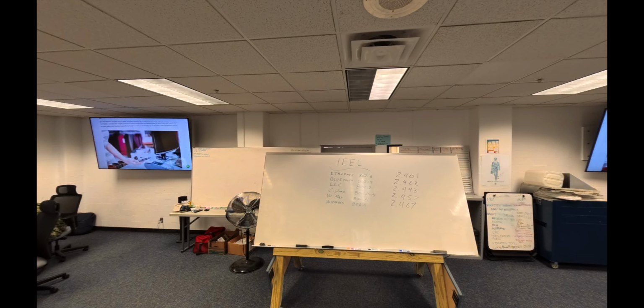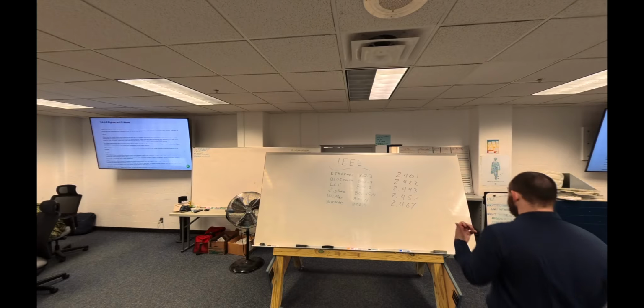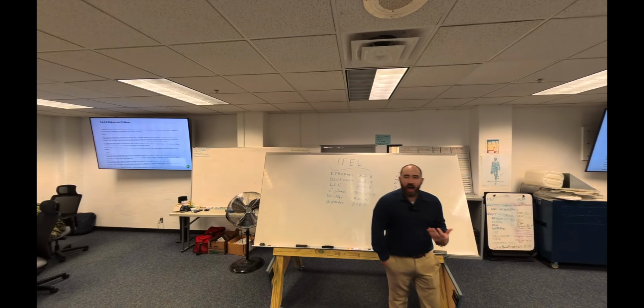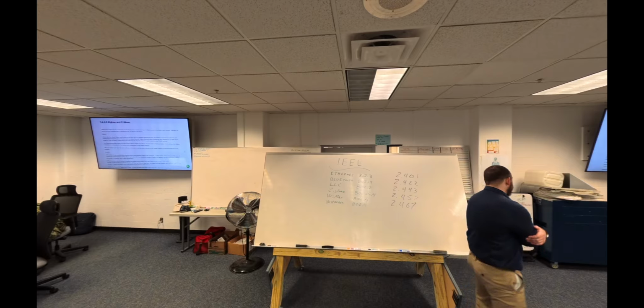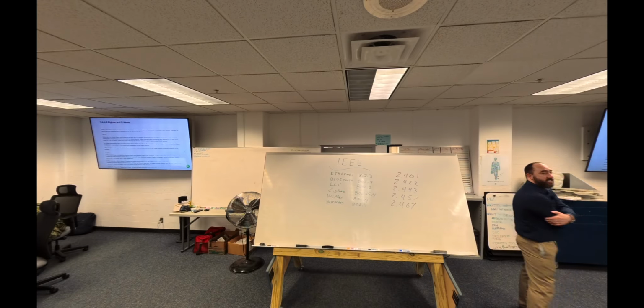Easy day. Next, we have Zigbee and Z-Wave. We've already learned about Zigbee. What's the IEEE standard? 802.15.4. So both of these, Zigbee and Z-Wave, these are standards for IoT devices, Internet of Things. Can someone give me an example of an IoT device?